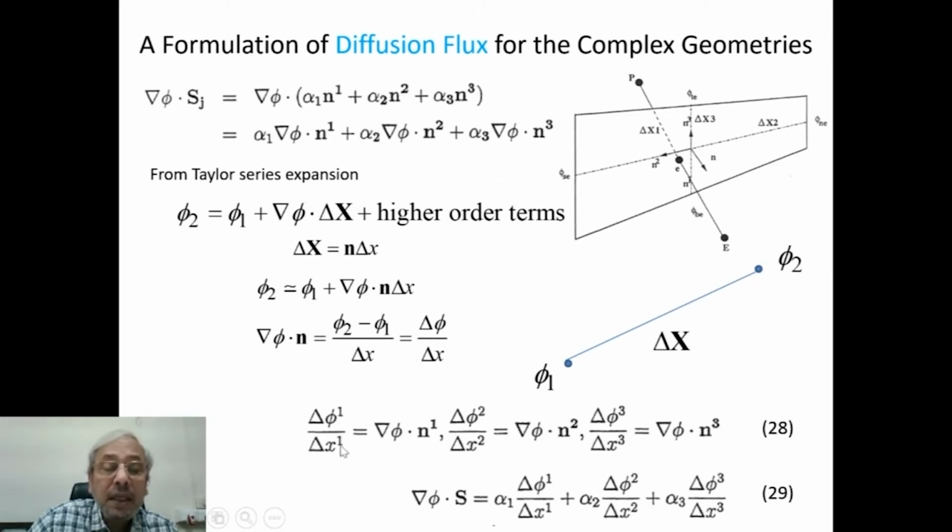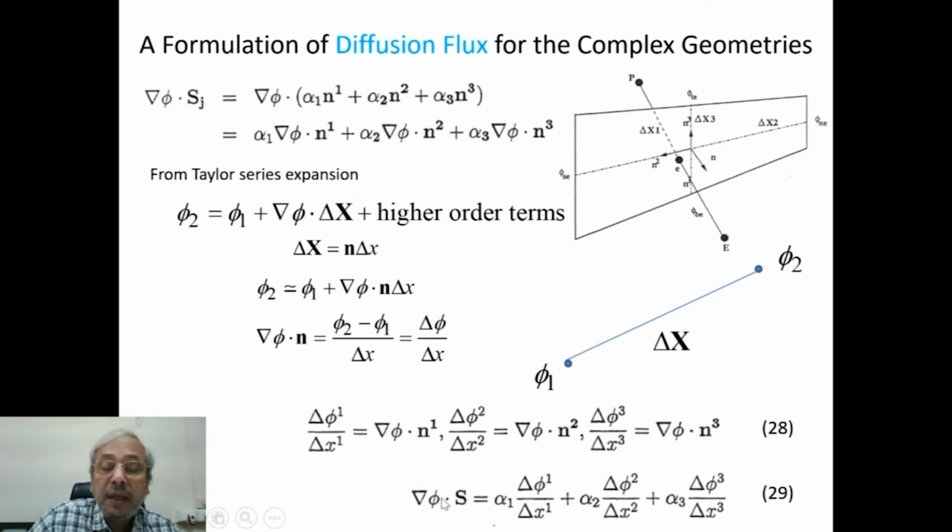Following that, delta phi 1 by delta x1, where this x is the magnitude, equal to grad phi dot n1 unit vector. Delta phi 2 by delta x2 equal to grad phi dot n2. Delta phi 3 by delta x3 equal to grad phi dot n3.